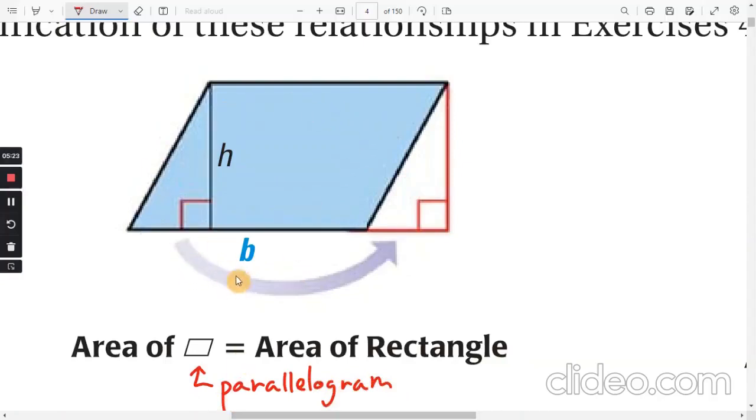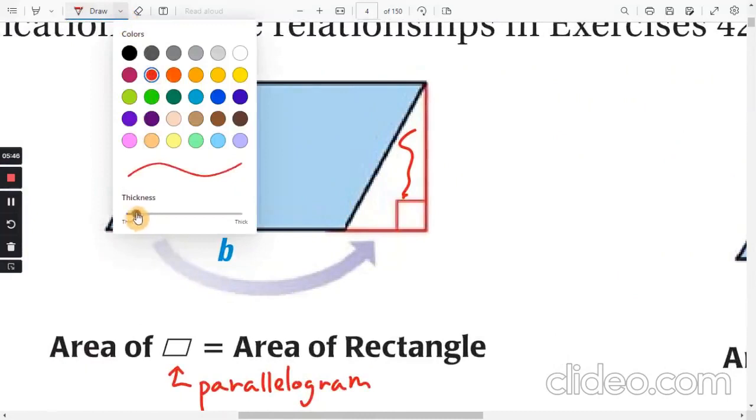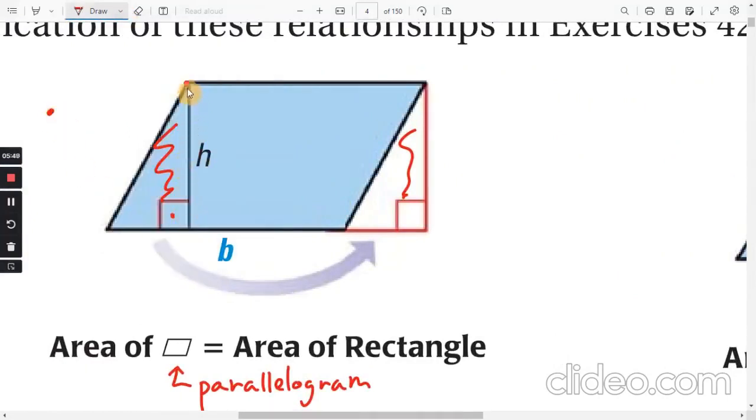Here in blue, we have a parallelogram, and if you take the height, and we know it's the height because it makes a right angle here, and if you cut off this piece right here and attach it to this side, then you will just have a rectangle. If you cut off that piece, then you would have this figure in red. That's a rectangle, and it's the same area as the part we had in blue. So they're just showing you why the area formulas are equal.